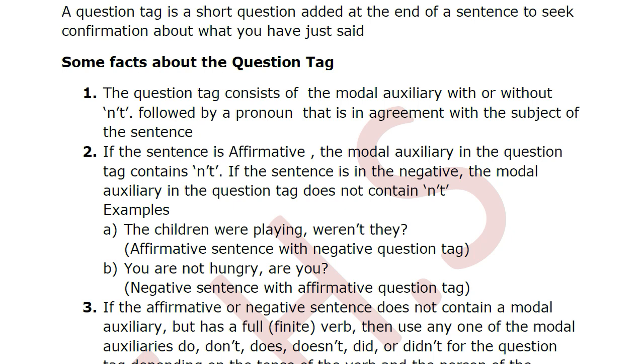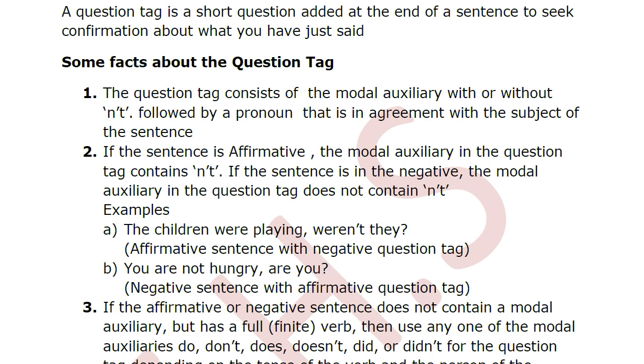If the sentence is affirmative, the modal auxiliary in the question tag contains n't. That means it becomes a negative question. Like does becomes doesn't, will becomes won't, should becomes shouldn't, must becomes mustn't. Okay. So if it's affirmative, the n't will be added to the auxiliary verb and that becomes your question tag.